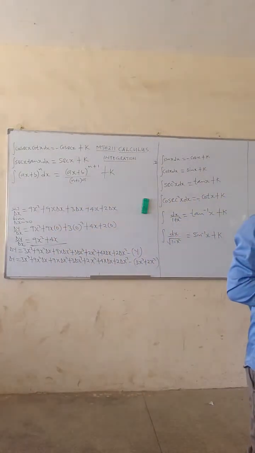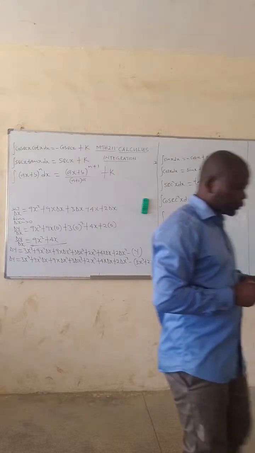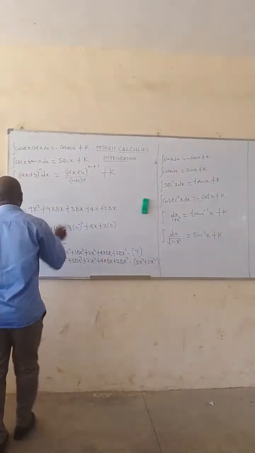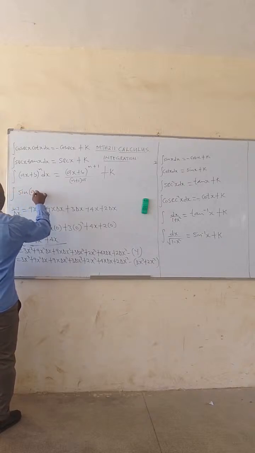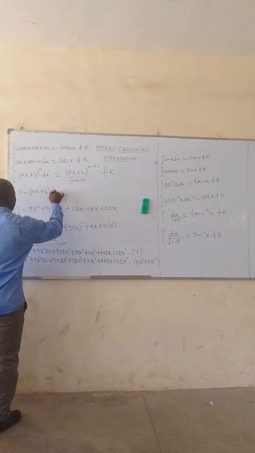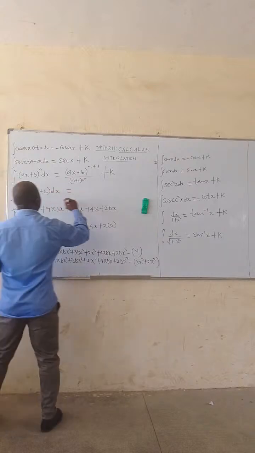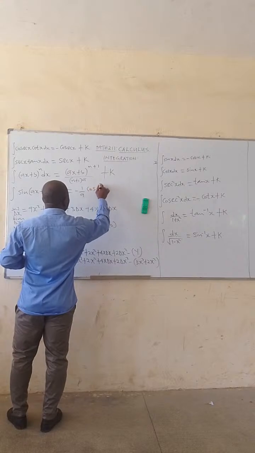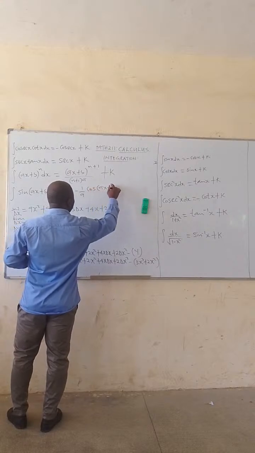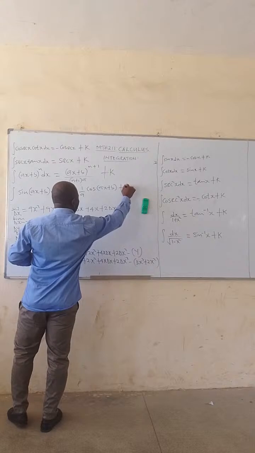Then integral of sine of ax plus b dx is equal to minus 1 over a cos open bracket ax plus b, plus the constant.